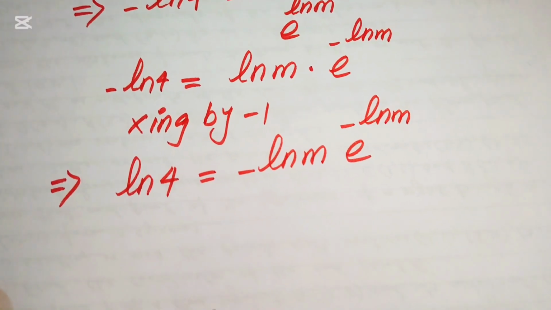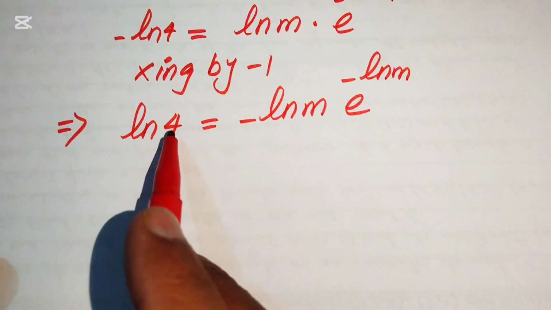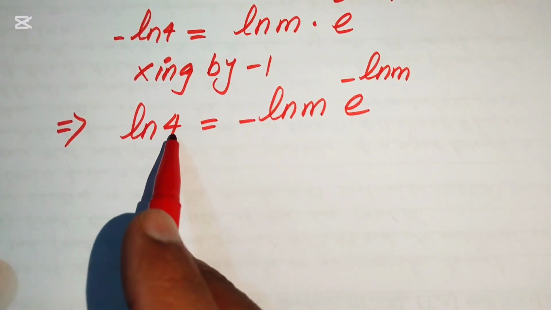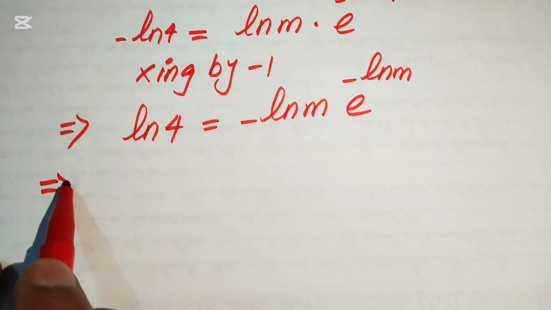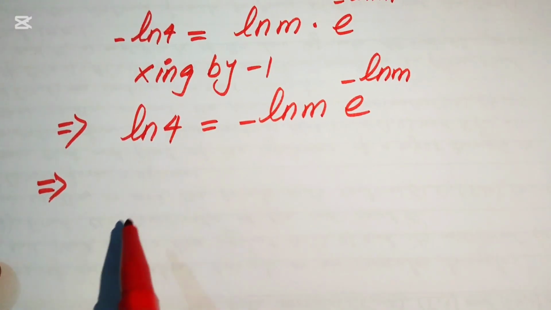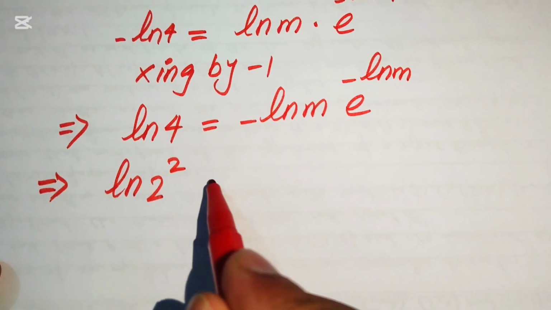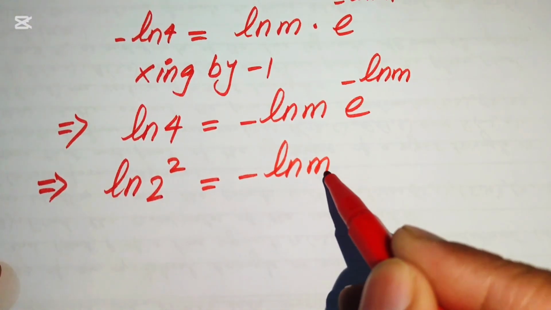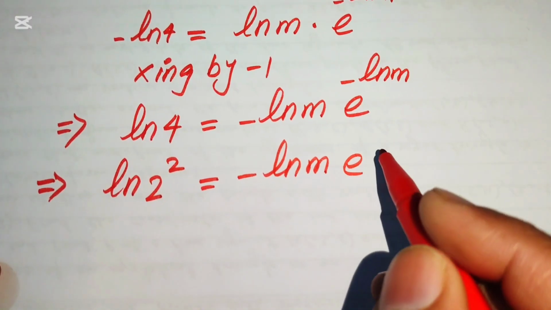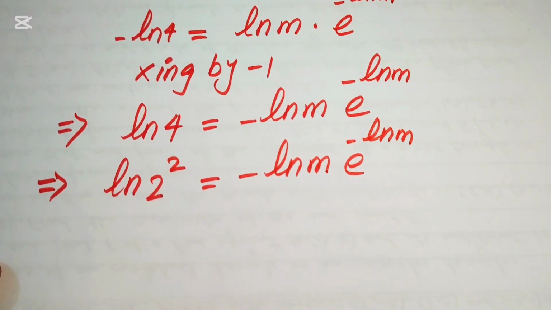In the next step we focus on the left hand side, where we have log 4. Here we need to write this log 4 in this form: 2 squared equals minus log of m times e to the power of minus log of m.